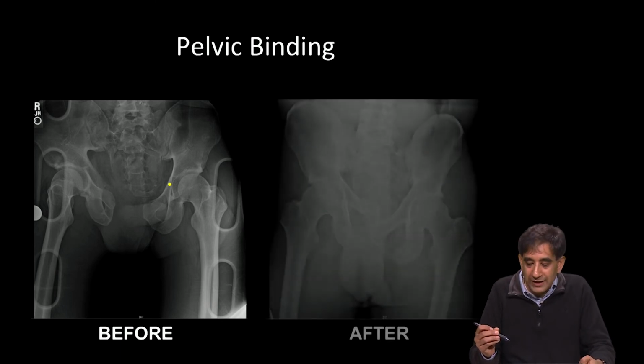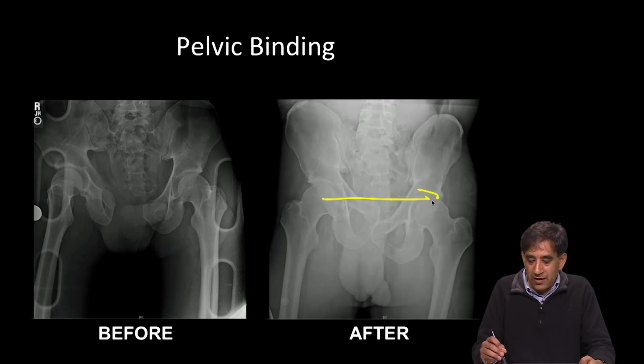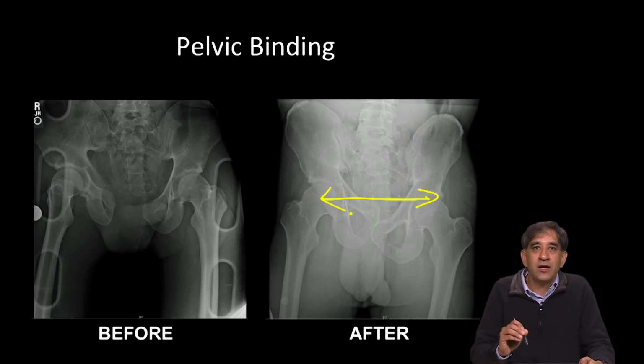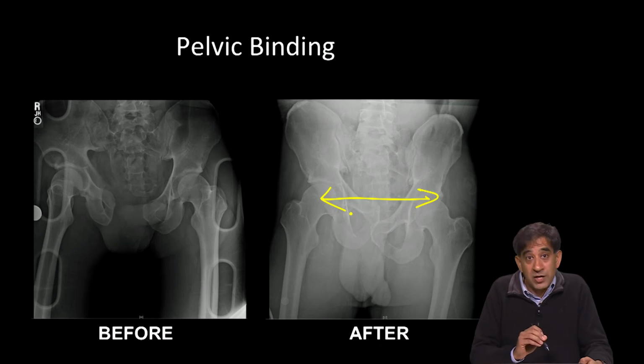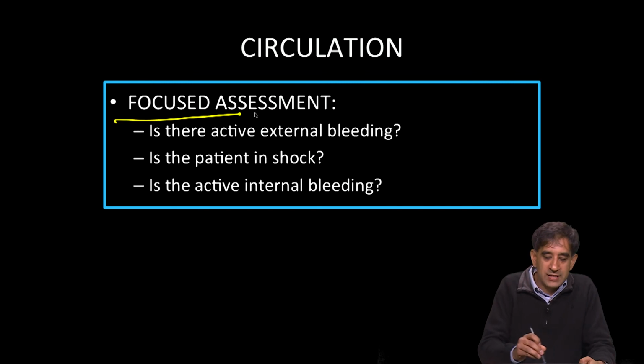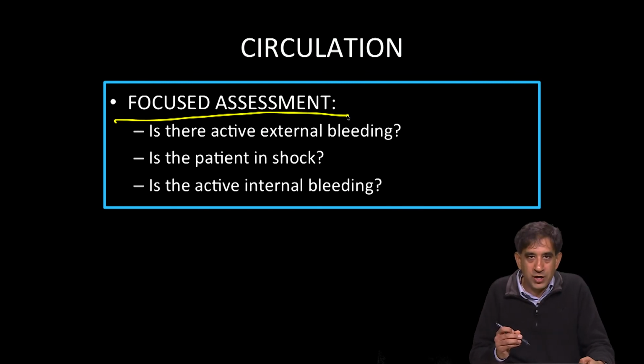And following tying the pelvis, what you can see is there is reduced pelvic width, reduced pelvic volume, and this can tamponade the patient's bleeding. So a life-saving therapeutic option in a patient with an open pelvis fracture or an open book pelvis fracture would be tying their pelvis.